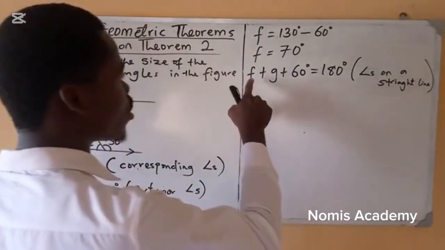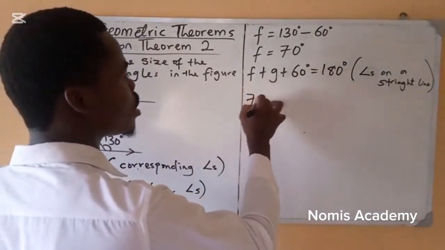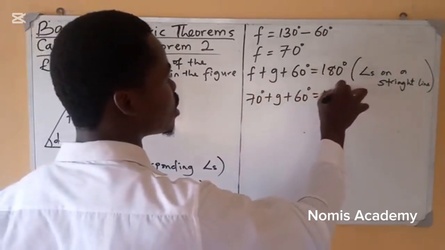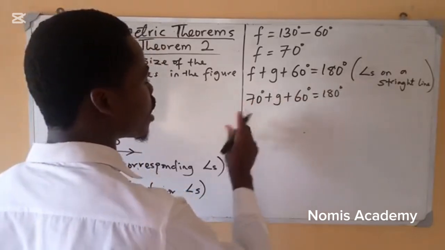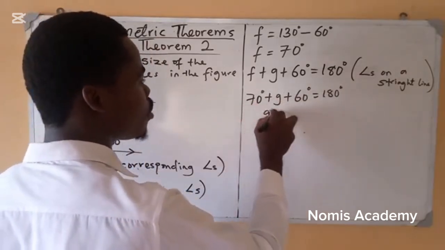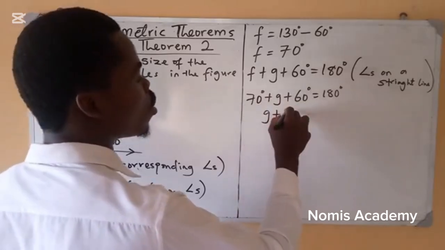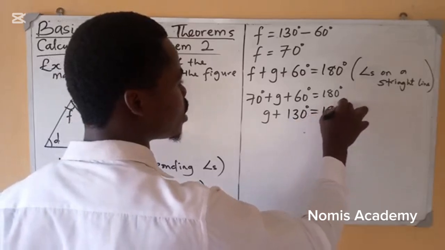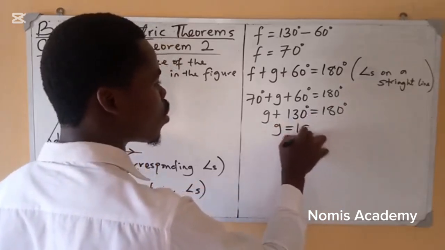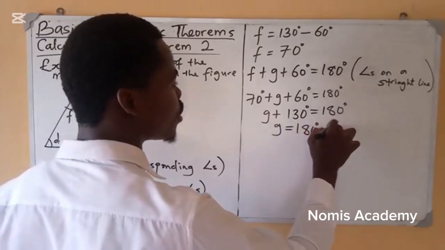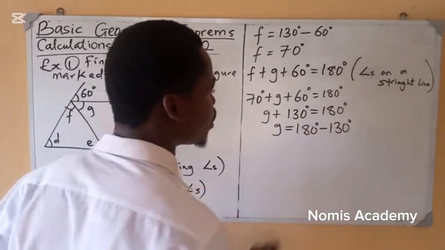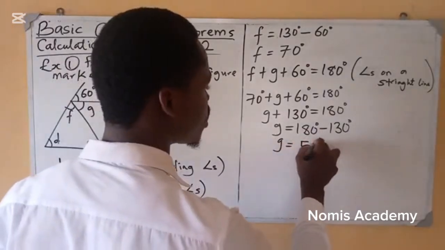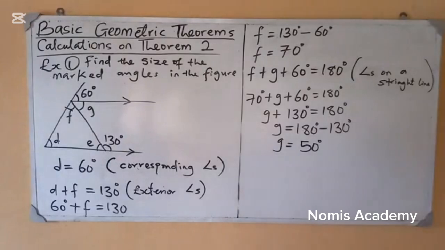So we know F is 70 degrees plus G plus 60 equal to 180 degrees. Now we add up this: G plus this will give us 130 degrees equal to 180 degrees. So our G is equal to 180 degrees minus 130 degrees. So G is equal to 50 degrees.